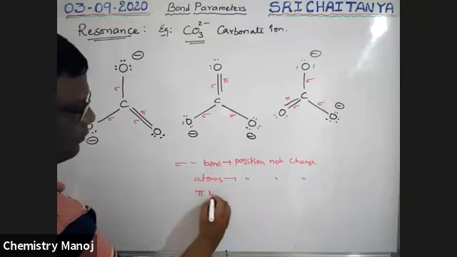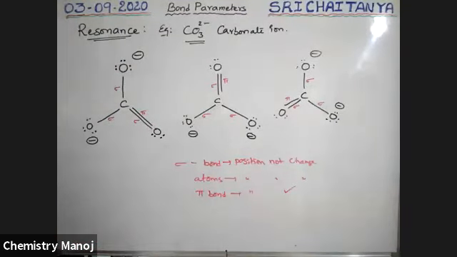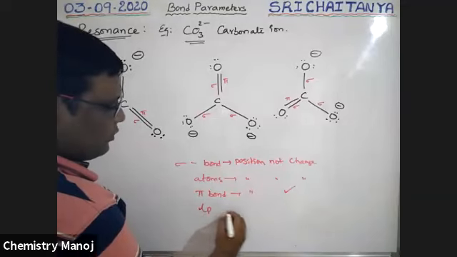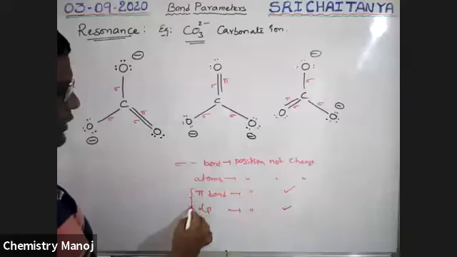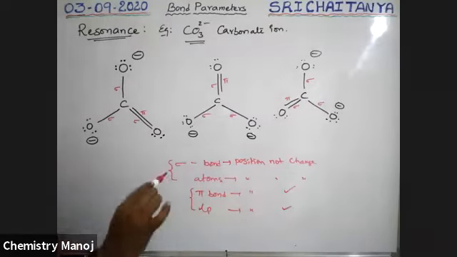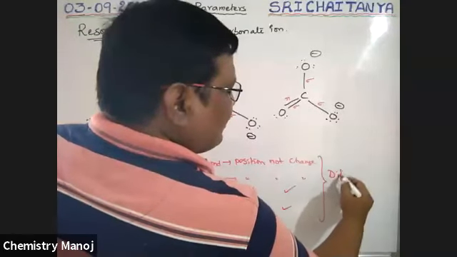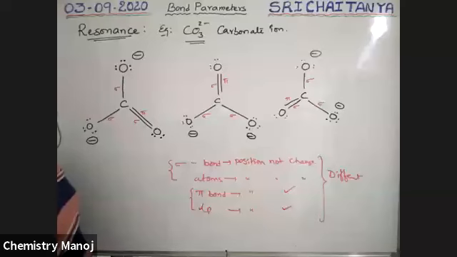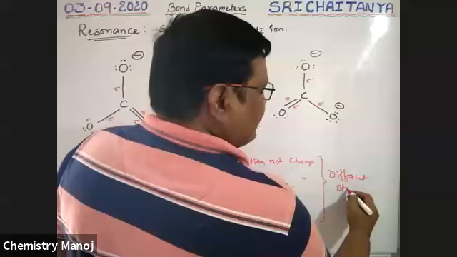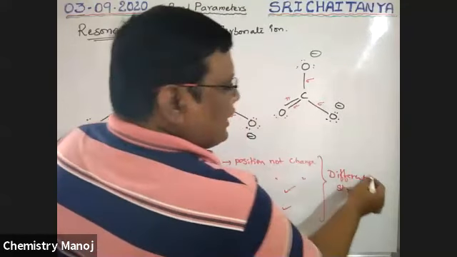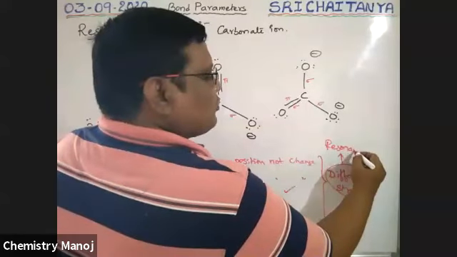Pi bond positions and lone pair positions are changed. So by changing the position of lone pairs and pi bonds, without changing atom positions and sigma bonds, we get different structures. These different structures are called resonance structures.